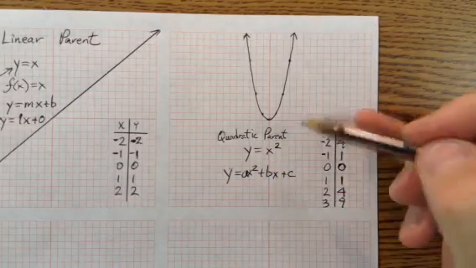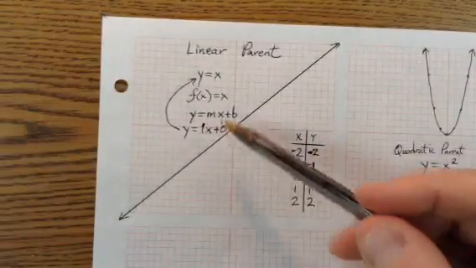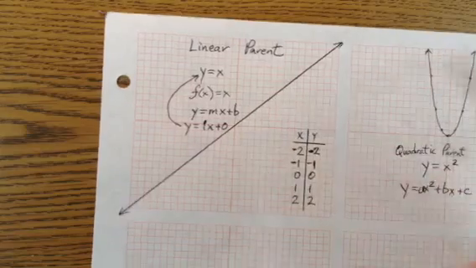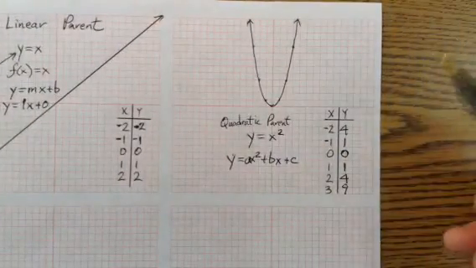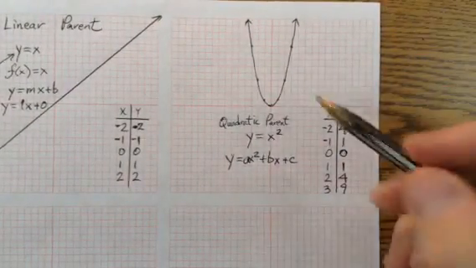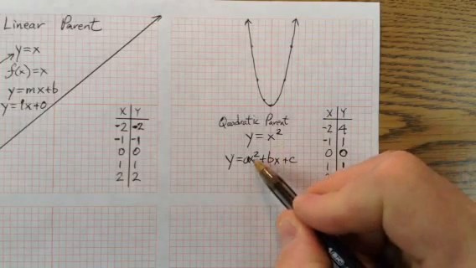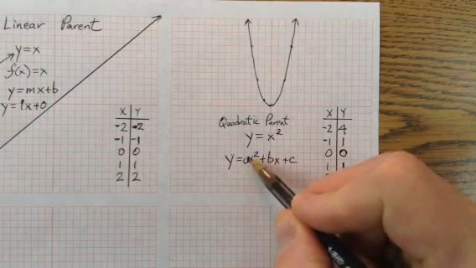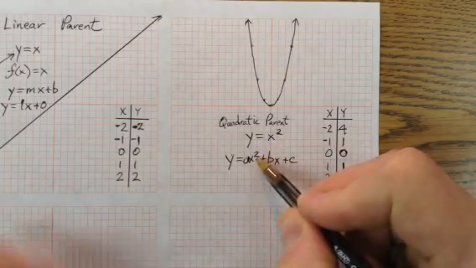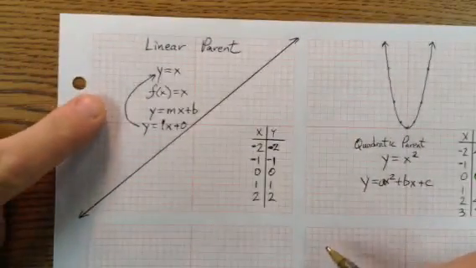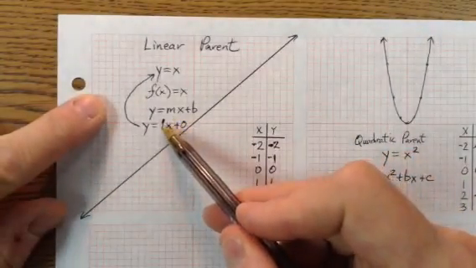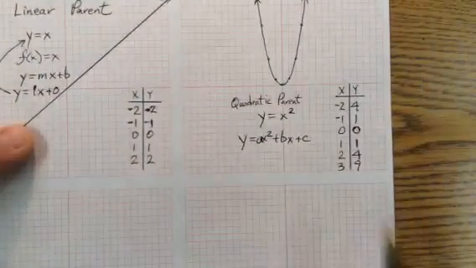Well, again, if it's a parent, just like with the line, we want the most basic. So if we want this to be basic, what we're going to do is find the easiest number that will keep the x squared. And just like with the x over here, the easiest way to keep an x is to put a 1 in front of it. So that's what we're going to do here.